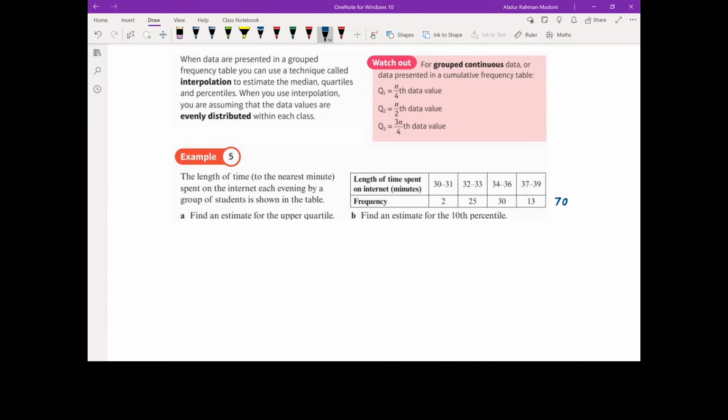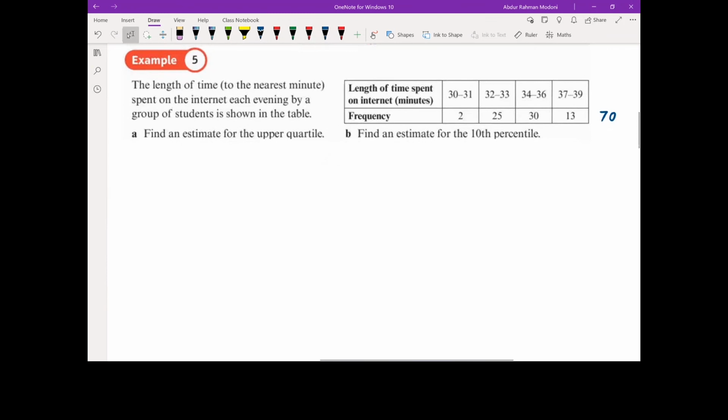So when it wants us to find an estimate for the upper quartile, we need to find out what is that upper quartile position. Essentially we're finding out the 75th percent position and what is the value at that point. Or in other words, the upper quartile is the 3/4 position of all the values. How many values do we have? Well, we have 70 values.